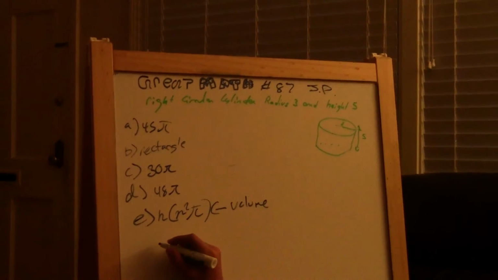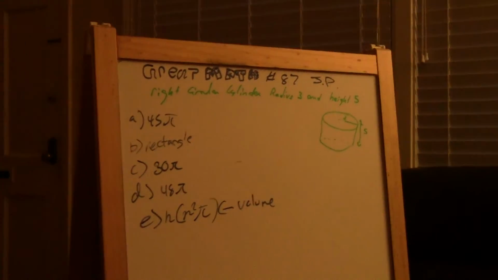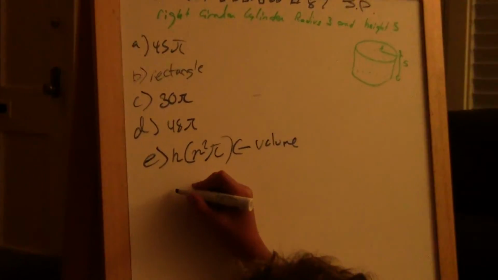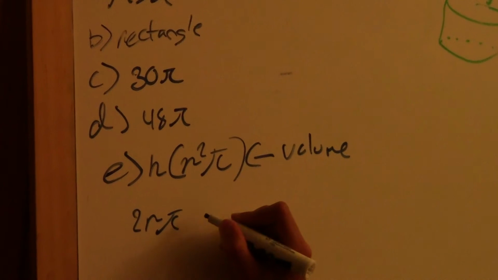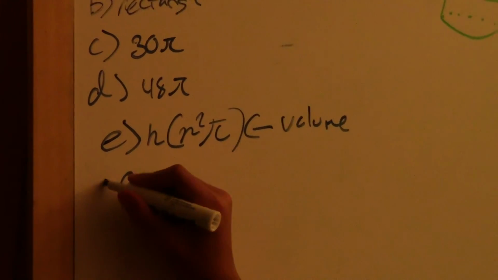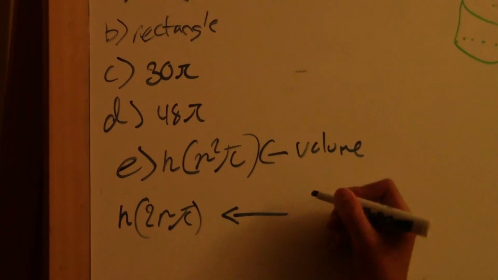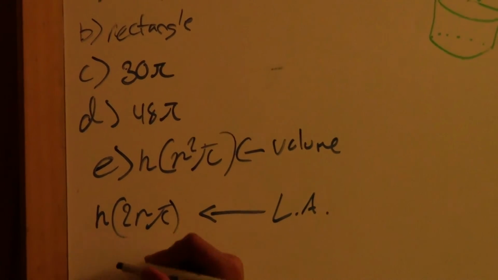Now, trying to find the lateral area. The lateral area is the circumference, which is 2r pi, times h, and that is the lateral area, or LA.